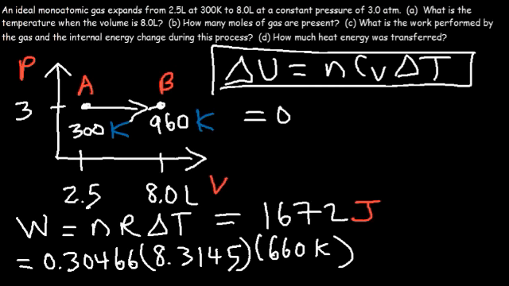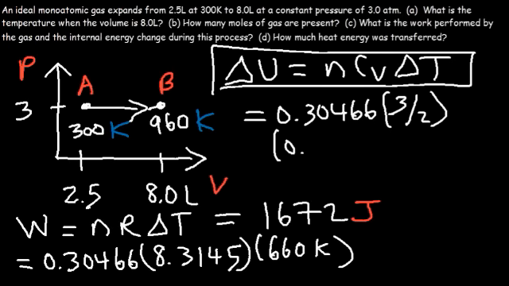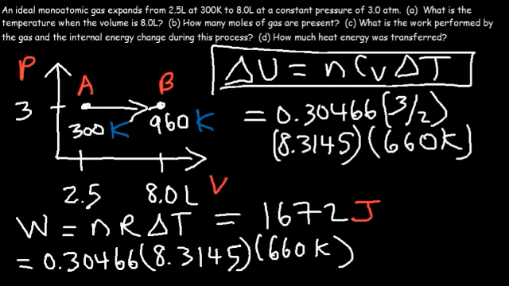So n is still 0.30466. Now we have a monoatomic gas, so Cv is 3/2 times R. That's 3/2 times 8.3145. We want delta U to be in joules, and the change in temperature is 660 Kelvin.